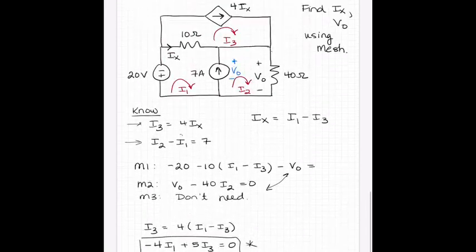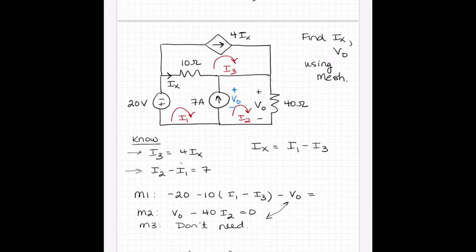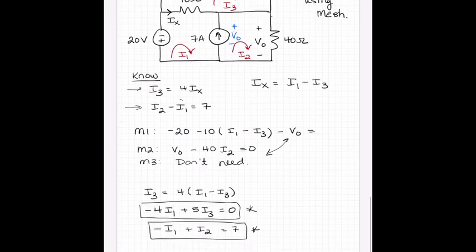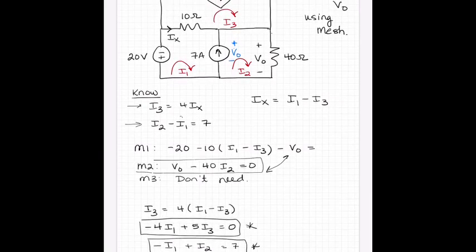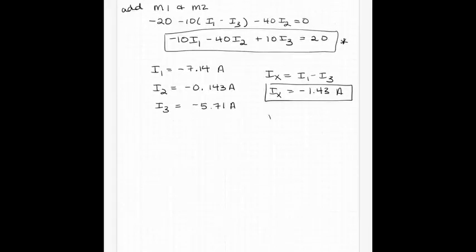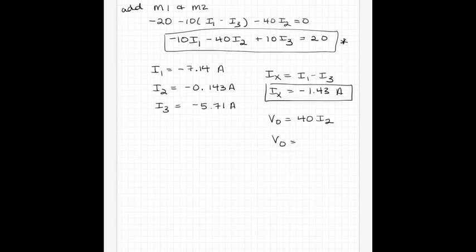And then we had to solve for VO. VO we can get from that mesh 2 equation right here. So VO is equal to 40 times I2. And that's equal to minus 5.72 volts.